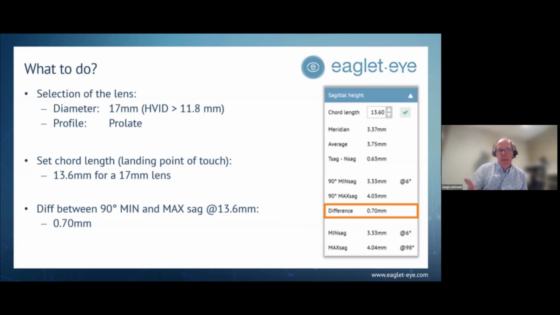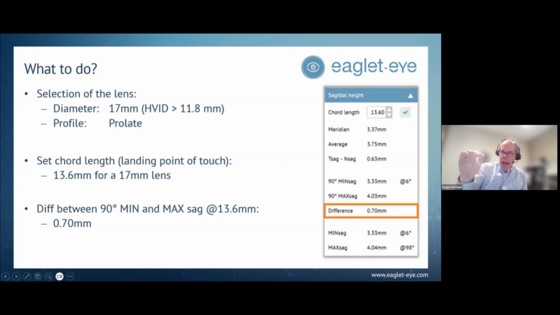So dealing with the 17 millimeter lens, I know that the first point of contact with the eye surface is at 13.6 millimeters. This is where it matters, because the rest is just plastic on the conjunctiva, and most of the pressure of the lens will be applied at this 13.6 millimeter diameter.